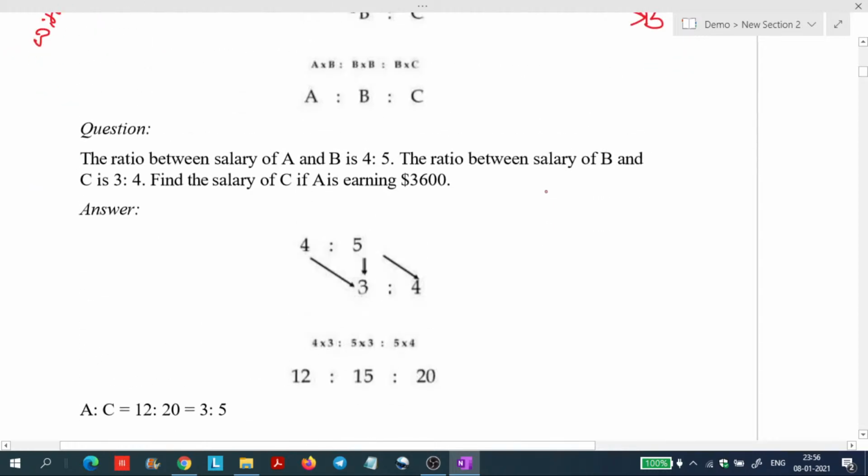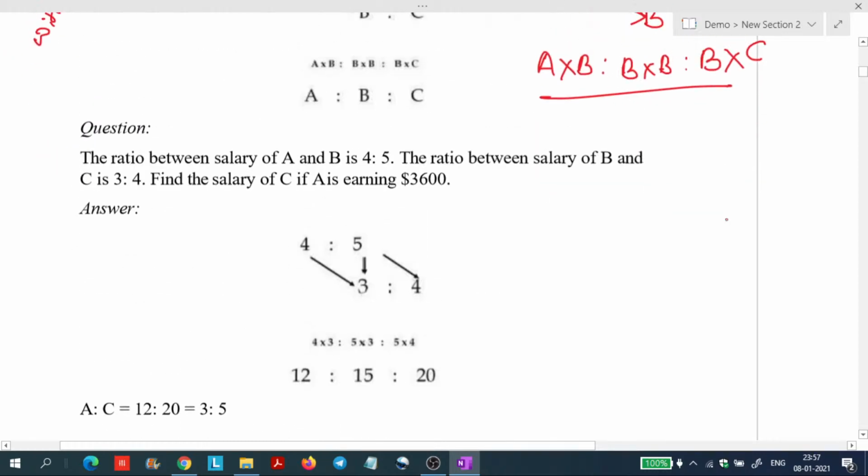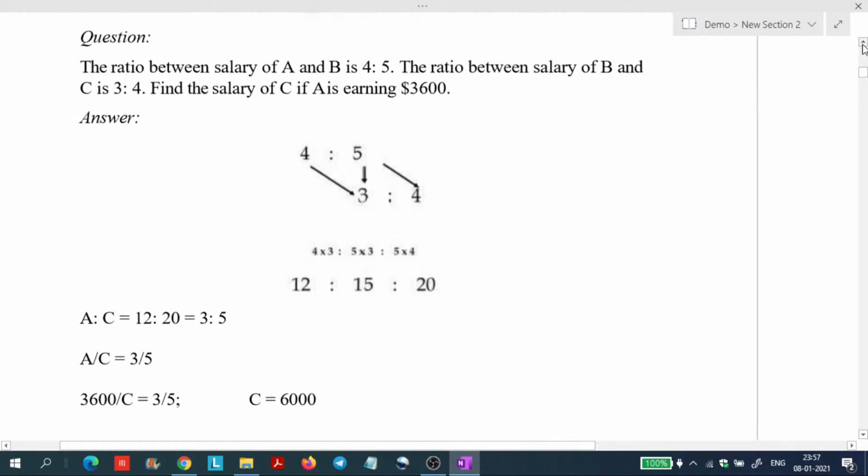Let us discuss one. A into B, B into B, B into C. The ratio between the salary of A and B is given as 4:5.